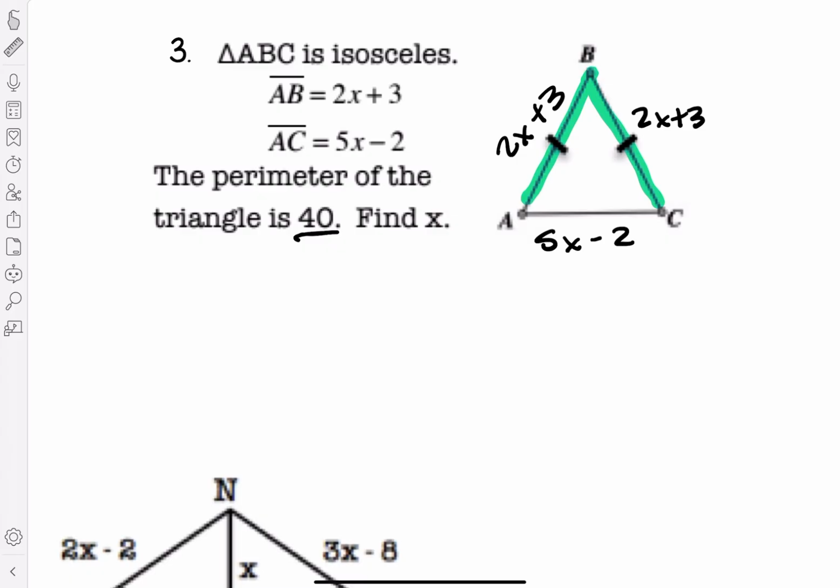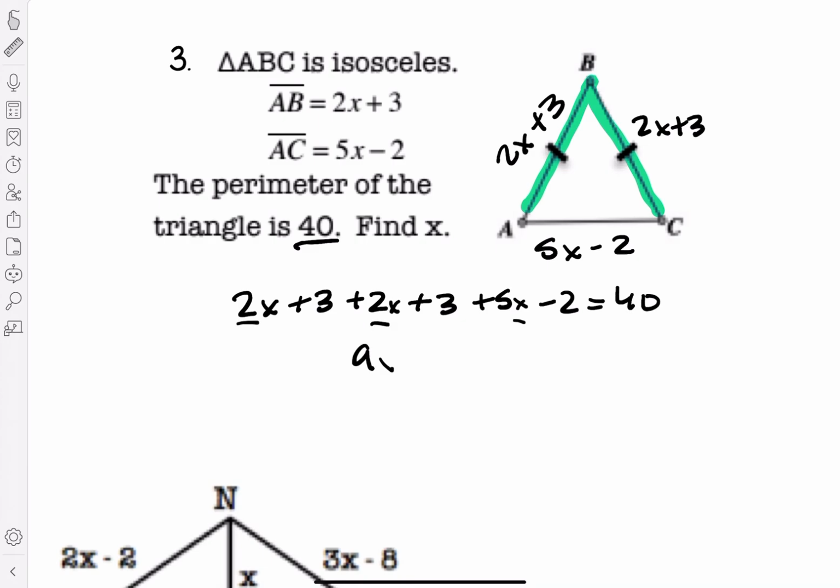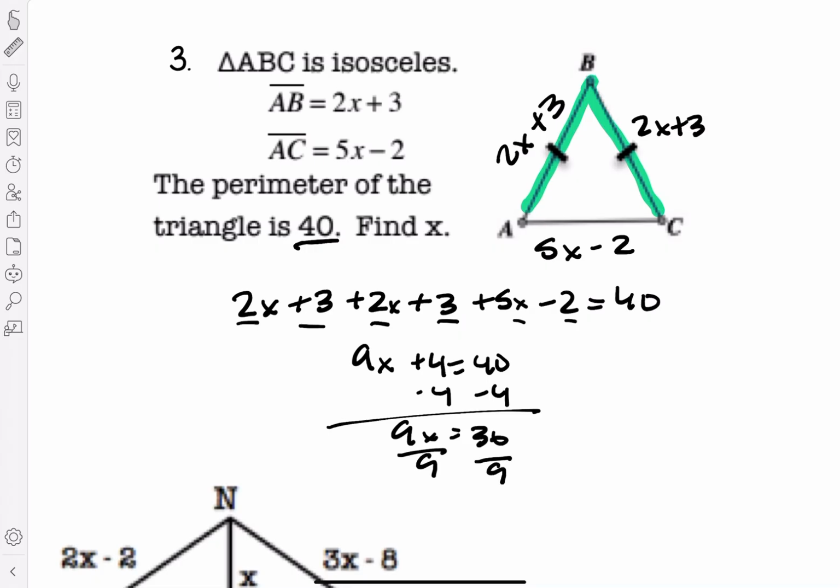So I can set up the equation 2x plus 3 plus 2x plus 3 plus 5x minus 2 equals 40 and solve. I can simplify by adding my x's together to get 9x, add my other numbers to get plus 4 equals 40, subtract the 4, 9x equals 36, divide by 9, and I'm left with x equals 4.